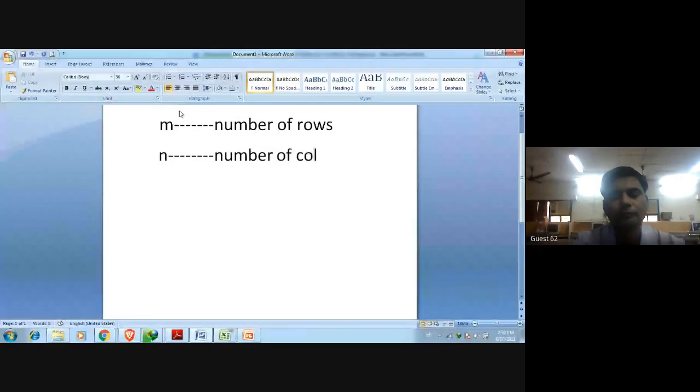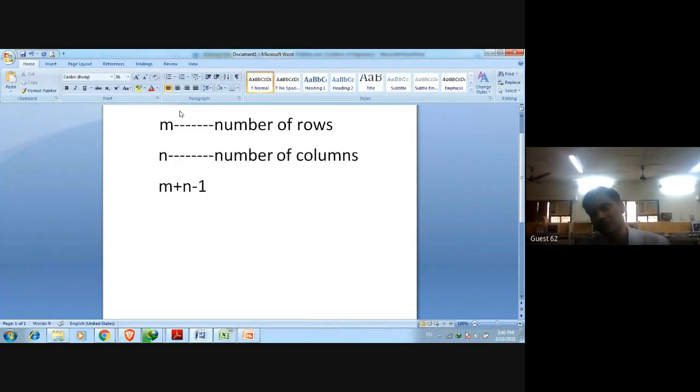Now m plus n minus 1, what is this? To check the degeneracy condition, we have to apply this formula.